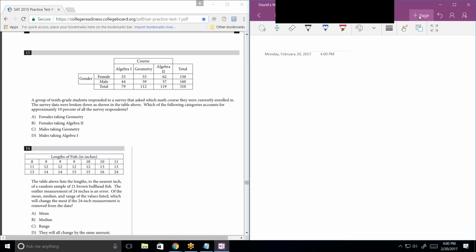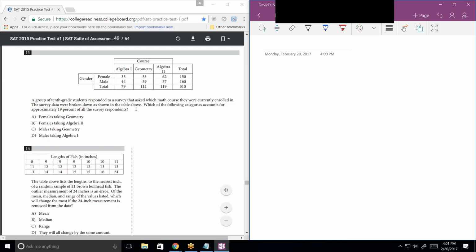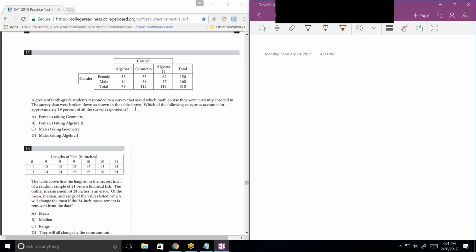So how many? Which of the categories accounts for approximately 19% of everybody that responded? First of all, how many people responded? 310. Okay. So what number divided by 310 equals 0.19?